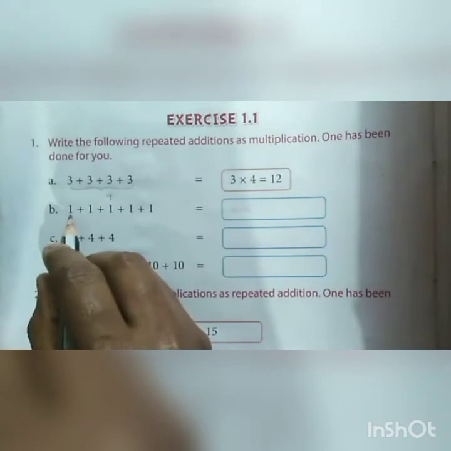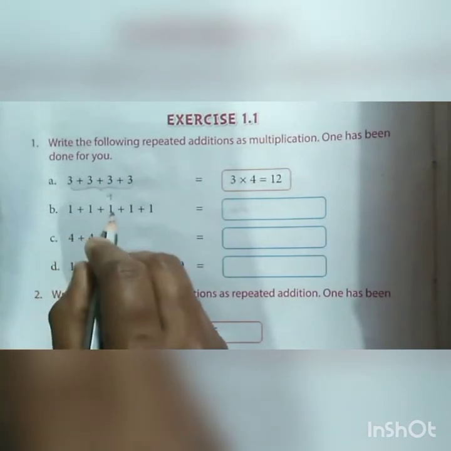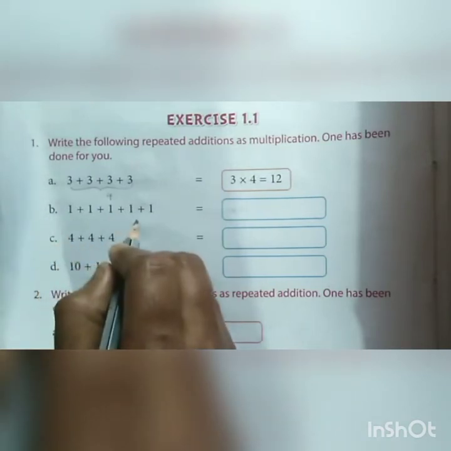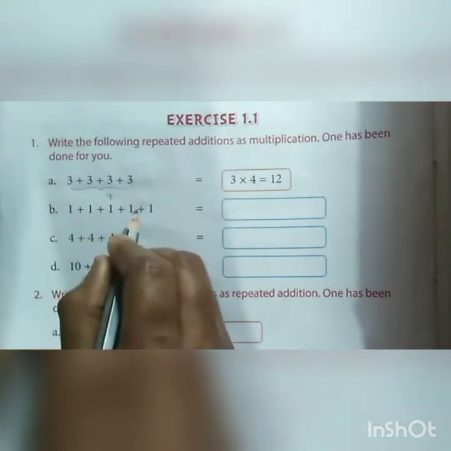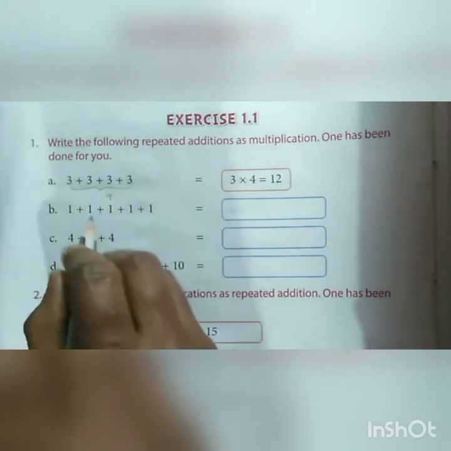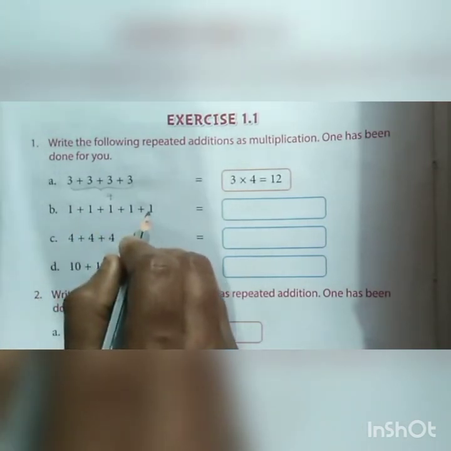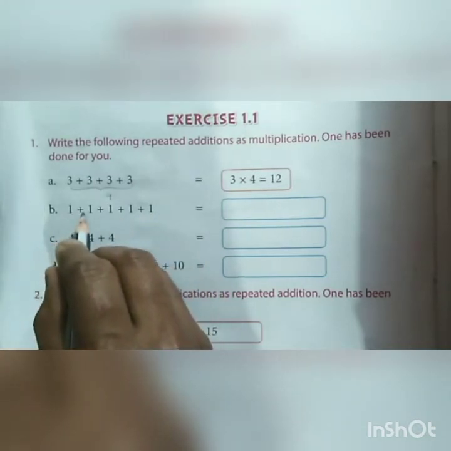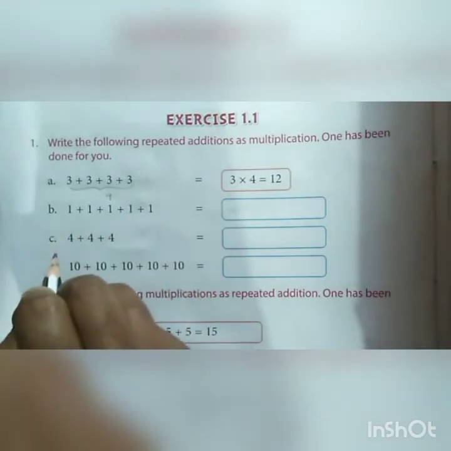Here is our next question. 1 plus 1 plus 1 plus 1 plus 1. Children, look at this number. Here the number 1 is written as repeated addition. And we have to write this as multiplication. For that, first we can find how many times the number 1 is repeated.